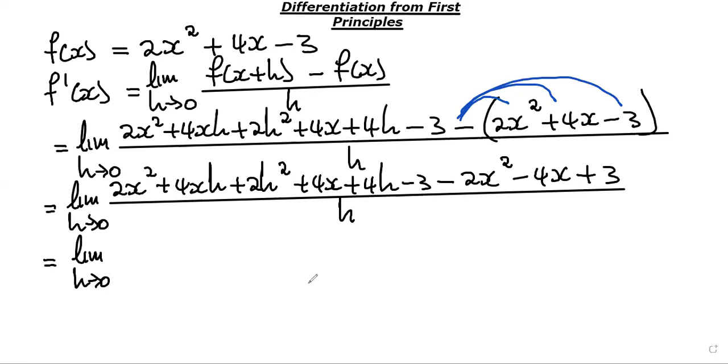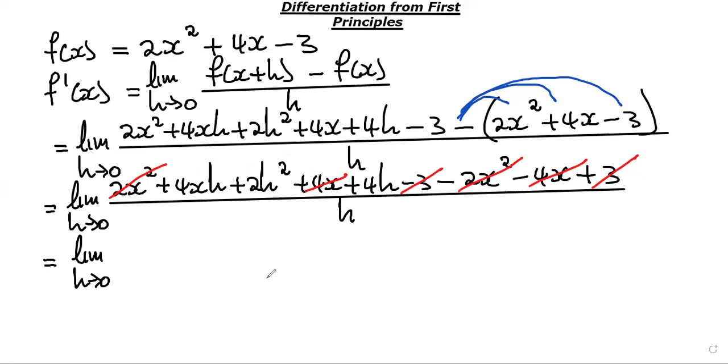And then from this point, we can see that, well, this one and that one will cancel out. The same holds for these two, as well as these ones. So after they have canceled out, we are left with 4xh, 2h squared, and 4h, all of which have h in common.